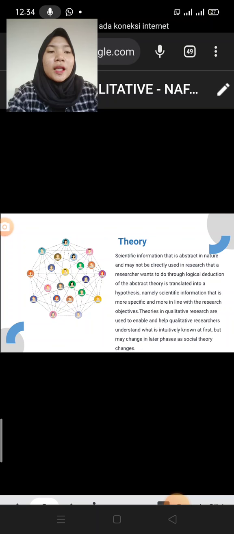Theory in qualitative research is used to enable and help qualitative researchers understand what is intuitively known at first, but might change in a later phase as social theory changes.